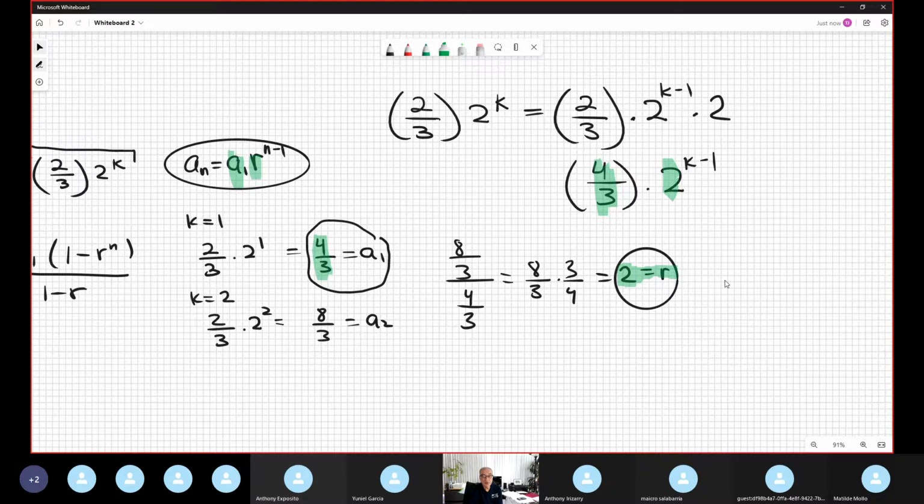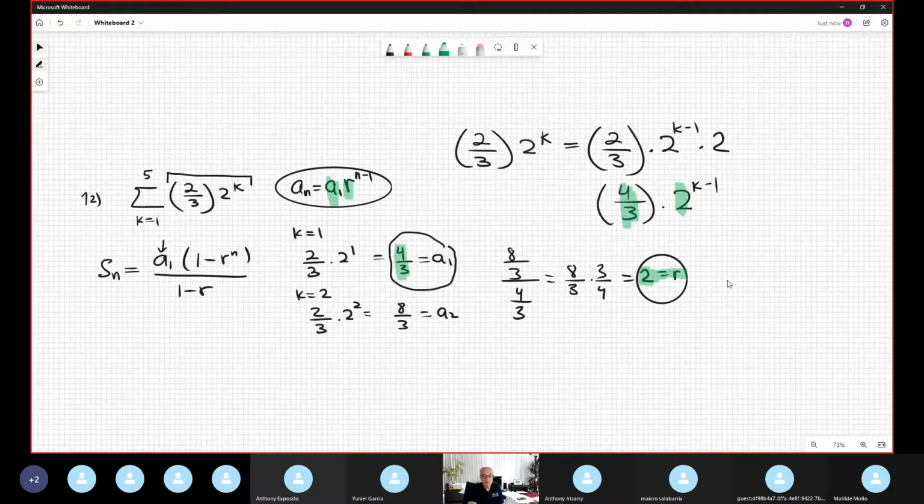What way you prefer? The first one or the second? I think the first one was easier. Yeah. In my opinion, you are right. Now, let's move on to the formula. Basically, I need to find the summation of the first five terms.